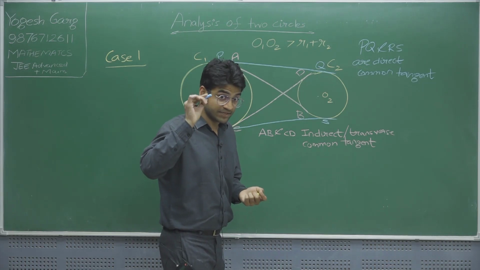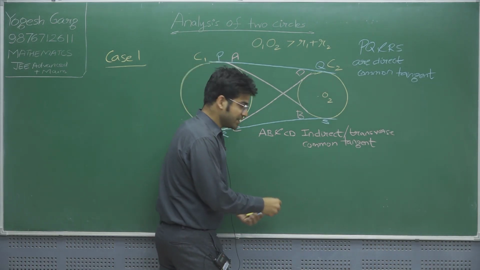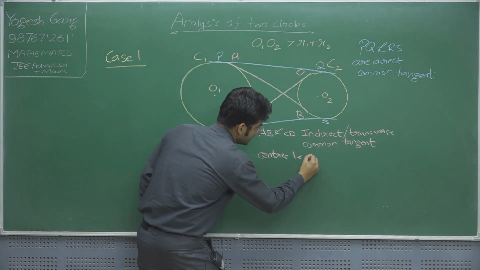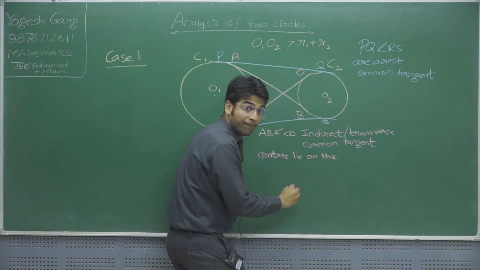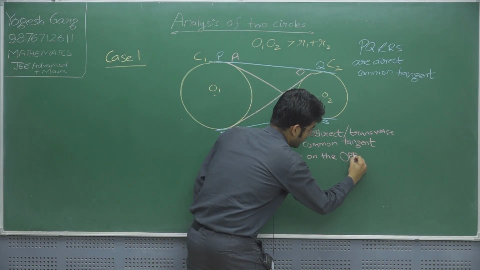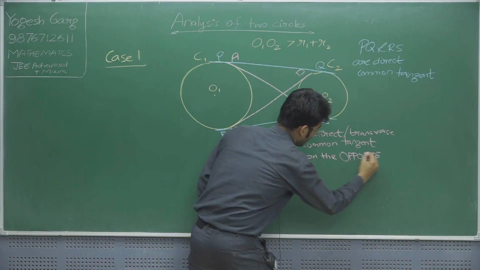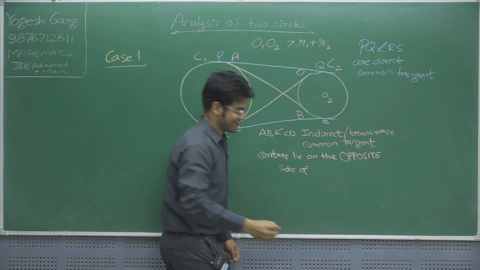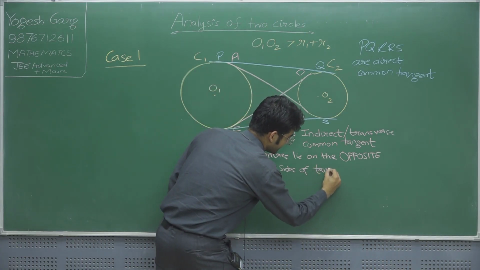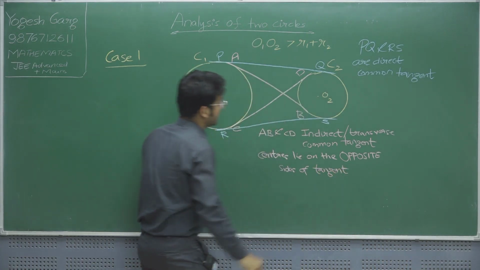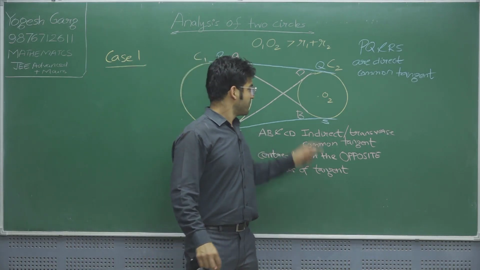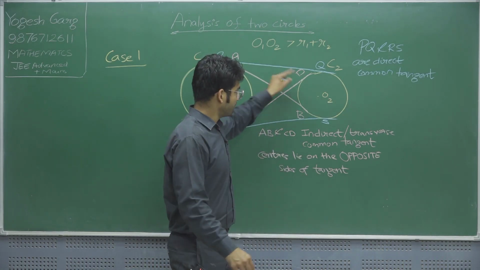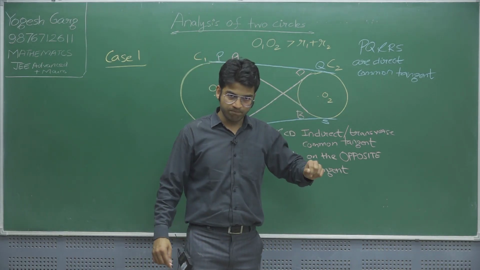So we should write this down: for indirect common tangent, the centers lie on the opposite sides of the tangent. And for PQ and RS, O1 and O2 lie on the same side. That is, for PQ, O1 and O2 lie below PQ.